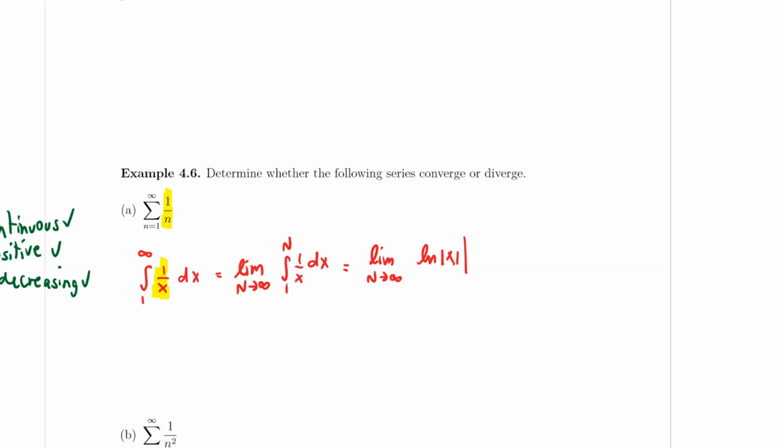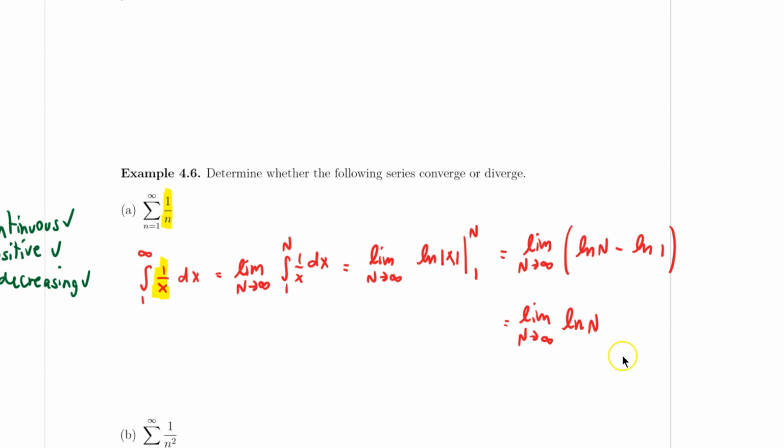I'm going to evaluate this at 1 and n, and this is going to equal the limit of log of n minus log of 1. Because log of 1 is 0, I'm going to have the limit of log of n when n goes to infinity.